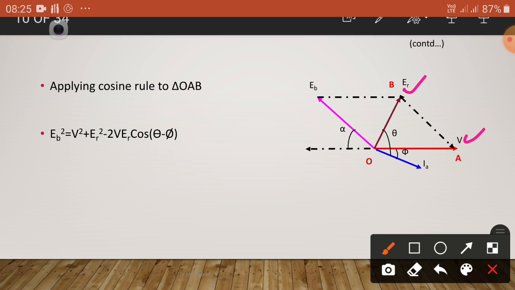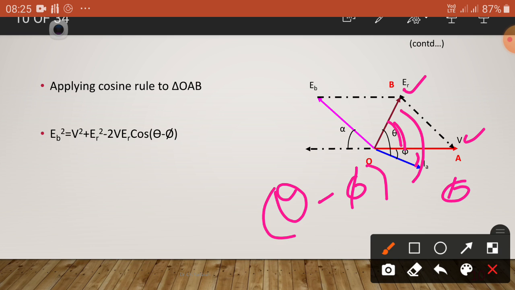Now the total angle is equal to theta, but this angle is equal to phi. I want only the angle between the two voltage sources. That means total theta minus phi is the angle between the two vectors ER and V. Same thing I applied here.